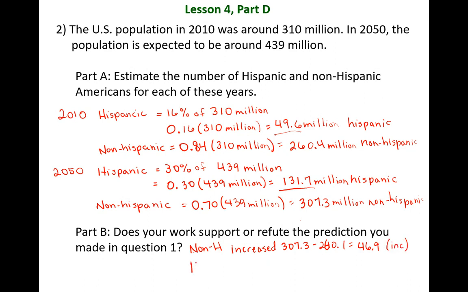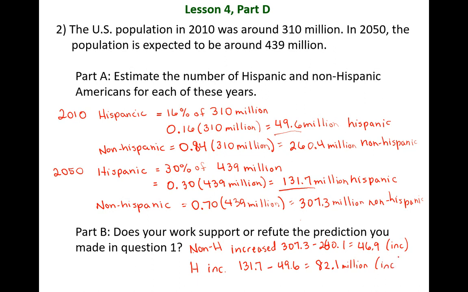If we look strictly at what happened with the Hispanic population, they also increased. They had an absolute change of 131.7 minus 49.6, for 82.1 million change there. This was in millions. This is also obviously an increase.